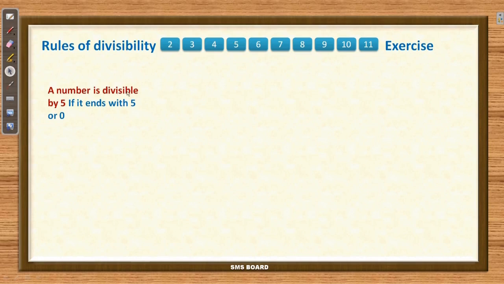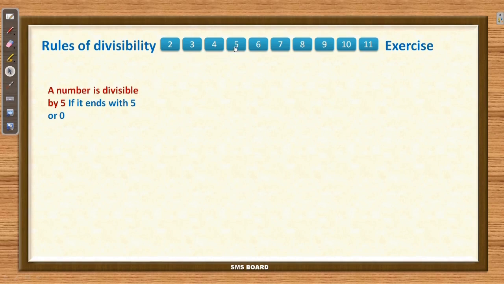A number is divisible by 5 if it ends with 5 or 0. This is a very simple rule. If a number ends with 5 or 0, then the number is divisible by 5.